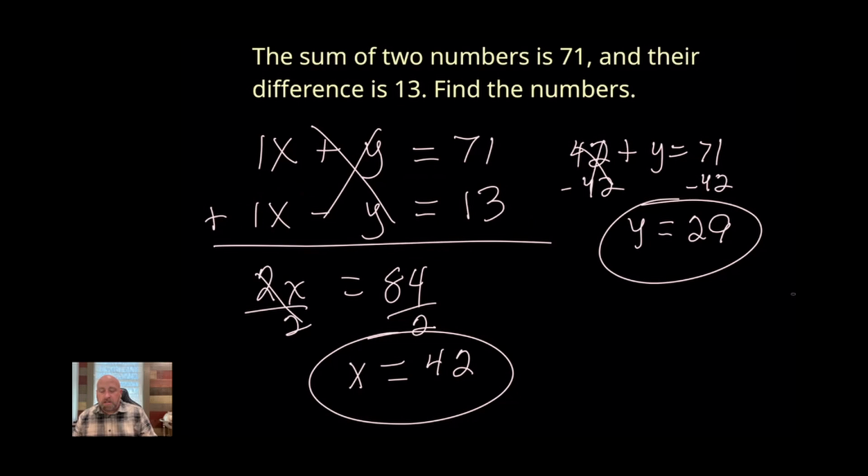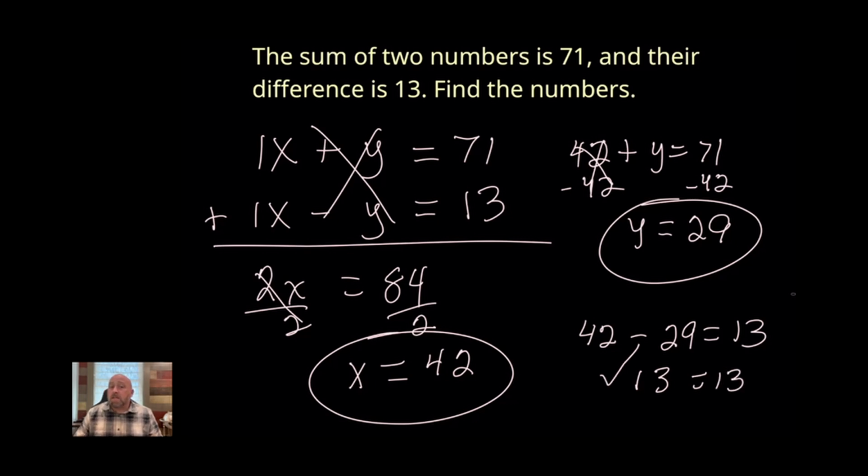So we would say x, 42, minus y, 29, equals 13. This is this equation right here. And then we just say, does that actually equal? So when you do that, you get 13 equals 13, and it does check, and that is the correct answer.